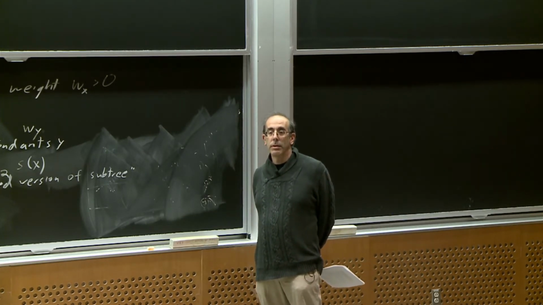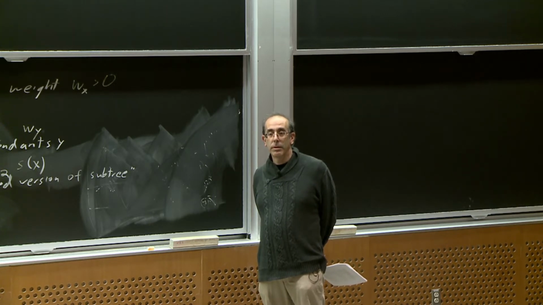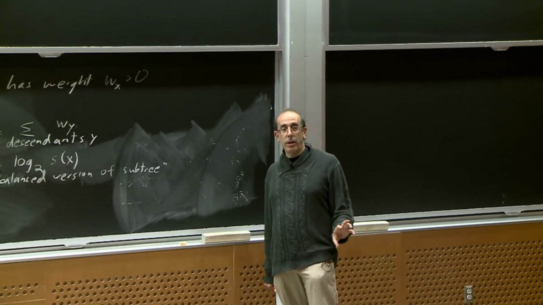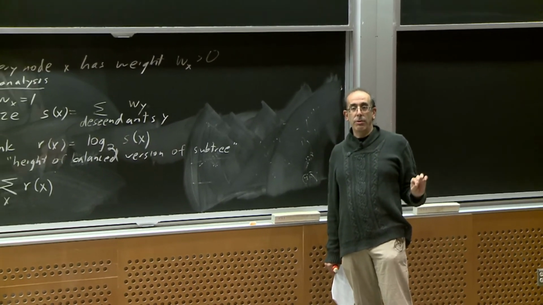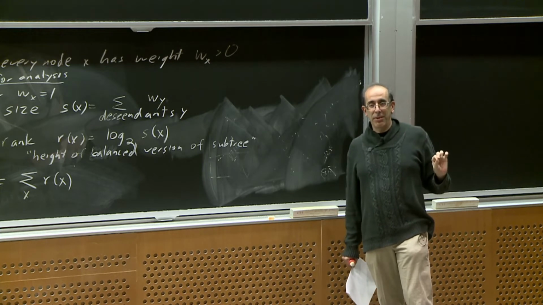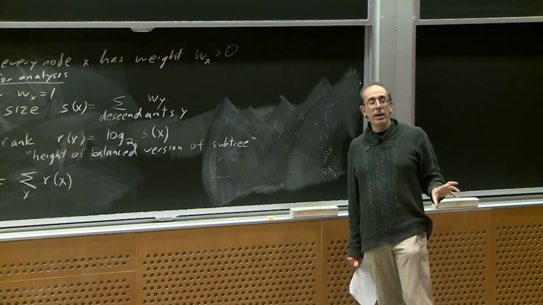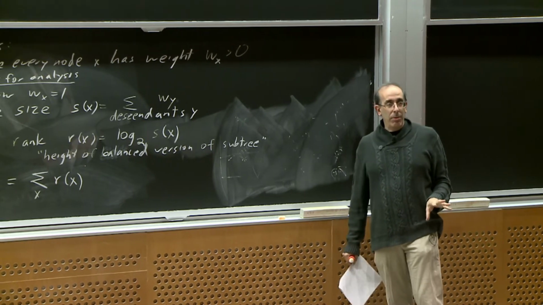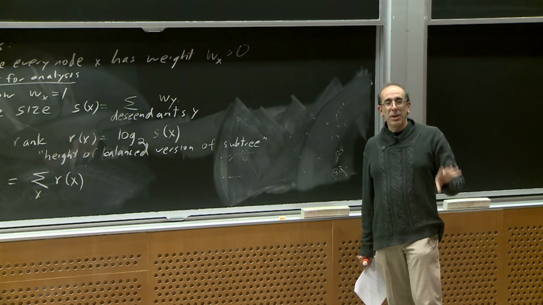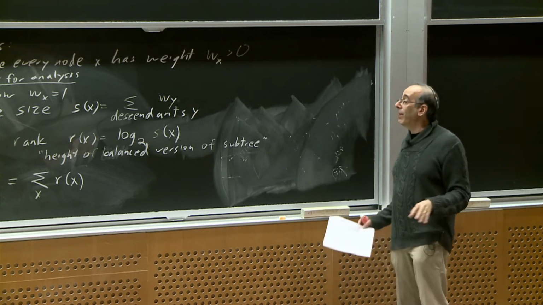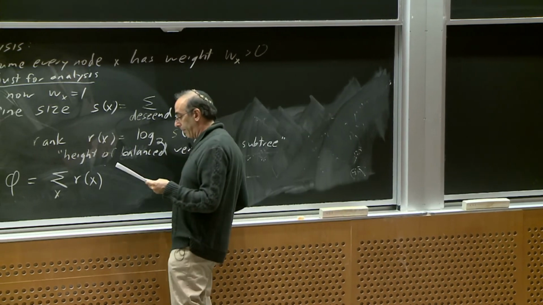Yes, I think it should make it pretty big, because there's a lot of these things that are descendants of a lot of other nodes. Yeah. In particular, if this huge tree is very low, there's a whole path to that huge subtree, and every node on that path has lots of descendants because it contains that huge subtree. So every node on that path will have large size, and that means that every node on that path will have large rank. So a badly unbalanced tree is going to have a large potential, which is what we want. Okay.